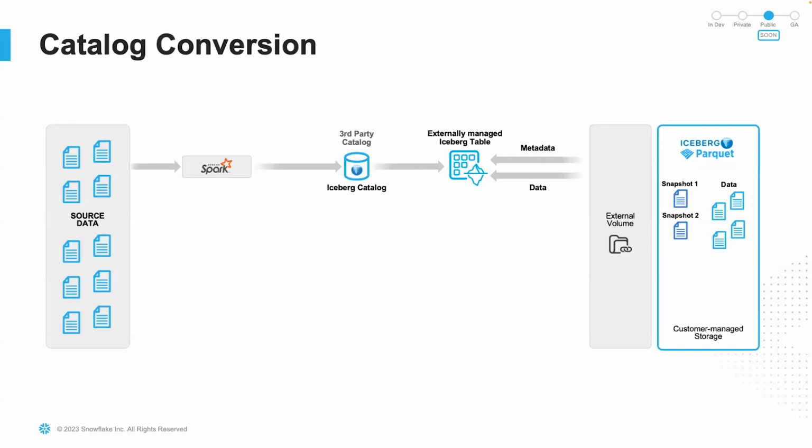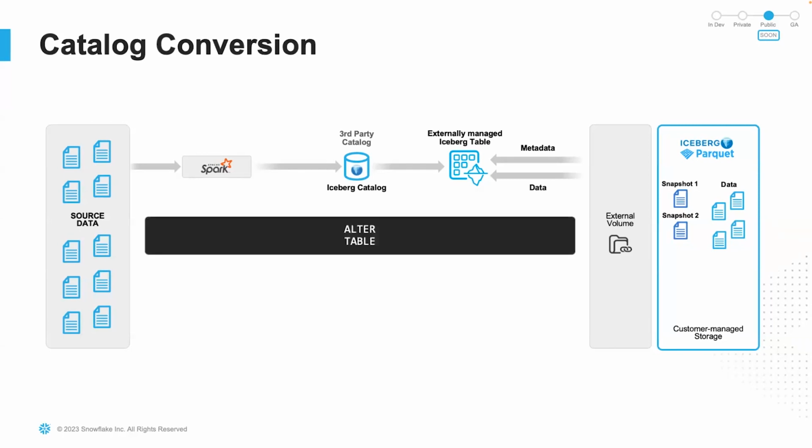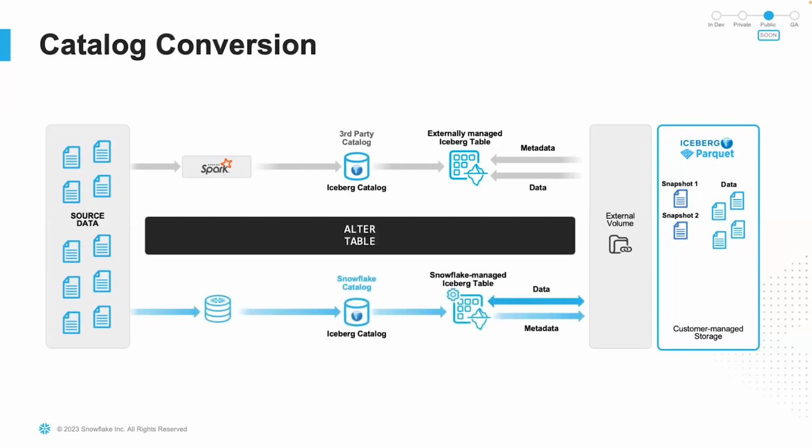Then you have an external access to the storage account to consume the metadata and the Parquet data that's there. Once this configuration is set up, you can specify an alter table syntax. This is a metadata operation that transfers the ownership to the Snowflake catalog and allows you to be able to write data to that Iceberg table.